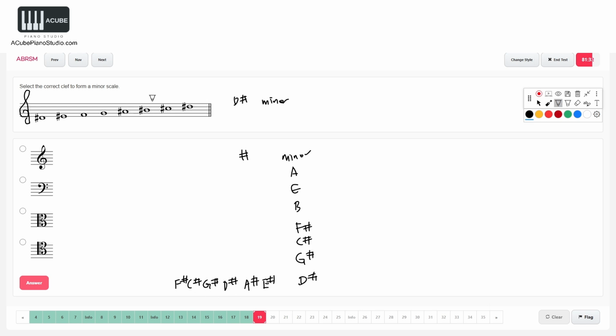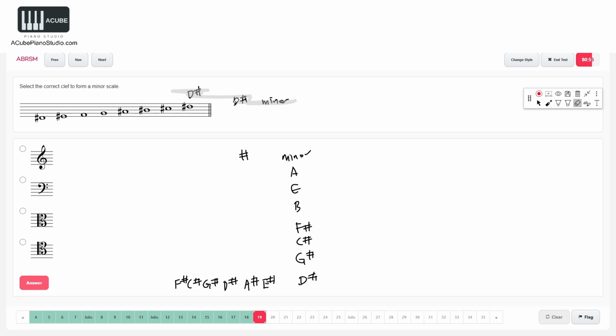Again, I do not know whether it is harmonic or melodic, but I know that if this is D sharp, I need to check that there are 6 sharps: 1, 2, 3, 4, 5, 6. One look at it, F must definitely be a sharp, but there's no sharp here, so this is out already. Surely it is not treble clef, because F needs to be a sharp, but there is no sharp here.